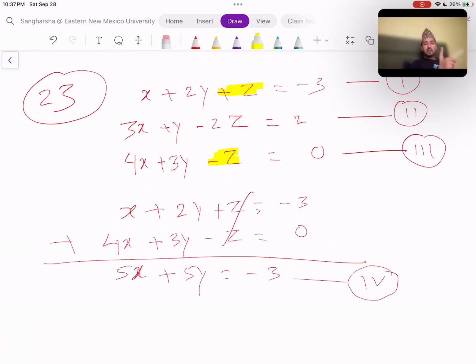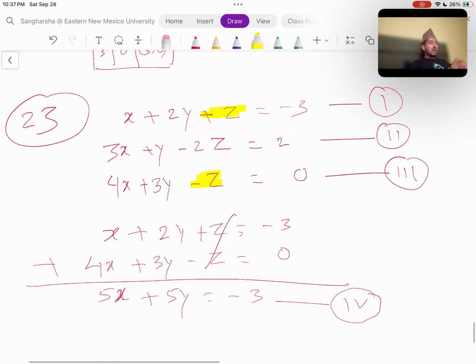Now your target should be eliminating the same z variable by adding the other two equations. You are not adding the same equations 1 and 3 again. You have the option to add 1 and 2 or 2 and 3, but you have to eliminate the same z variable.